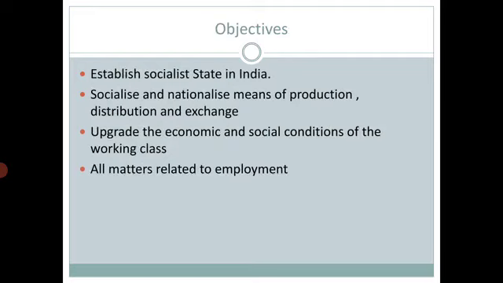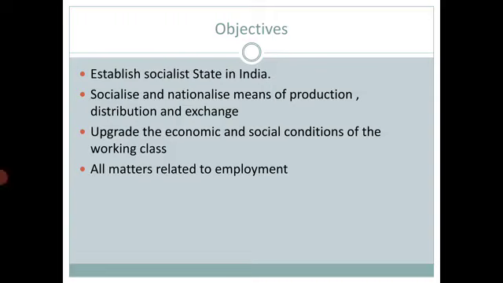The first objective is to establish a socialist state in India. Socialist means for the society, or society is kept in mind. How to benefit the society, this thing is always kept in mind.